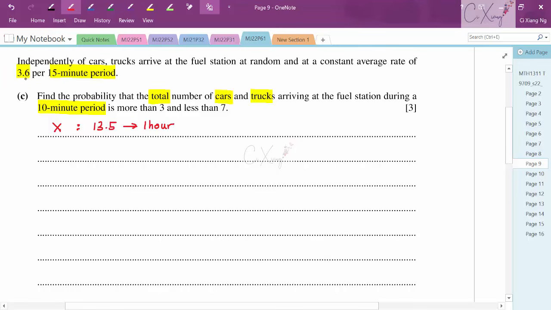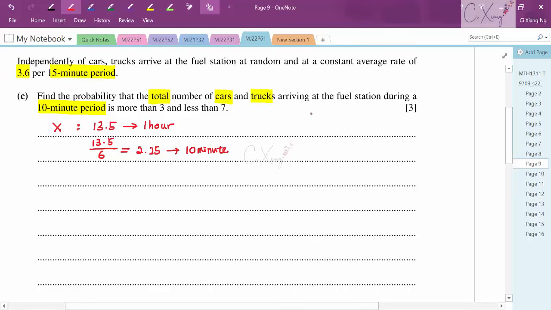And now I want to find out the mean for 10 minutes. So the mean for 10 minutes will be 13.5 divided by 6. So 13.5 divided by 6, you will get a nice value where it is equals to 2.25. And this is actually for 10 minutes.